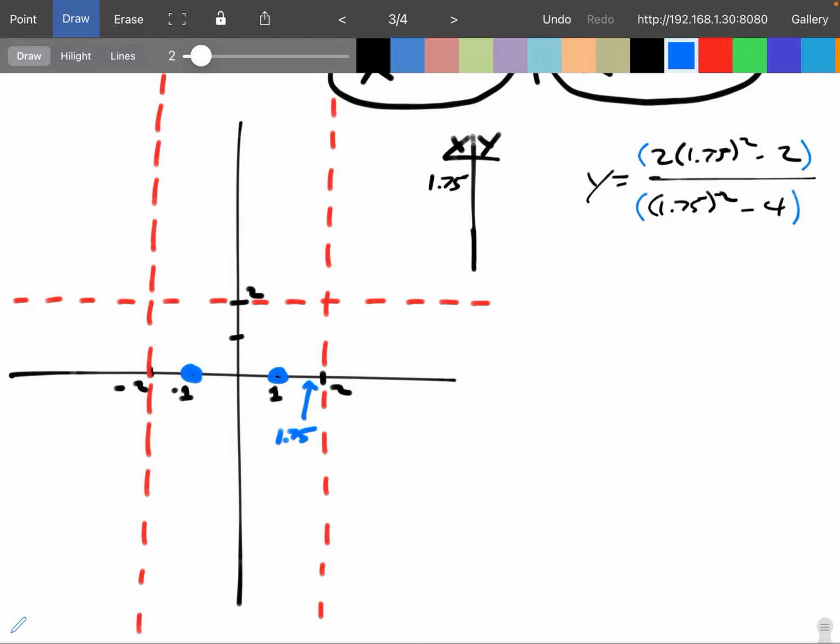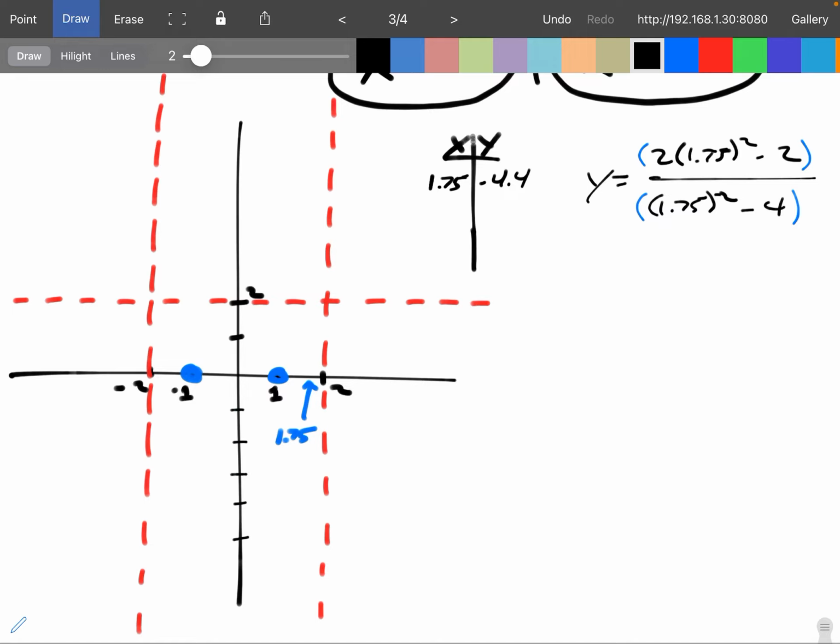I don't know what's wrong with me right now. I keep hitting the wrong buttons. So parentheses 1.75 squared minus 4. There. I did not mess it up that time. I get negative 4.4.